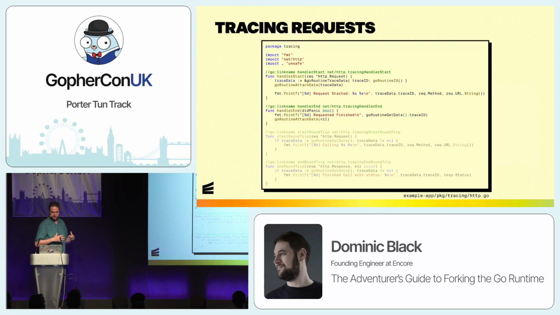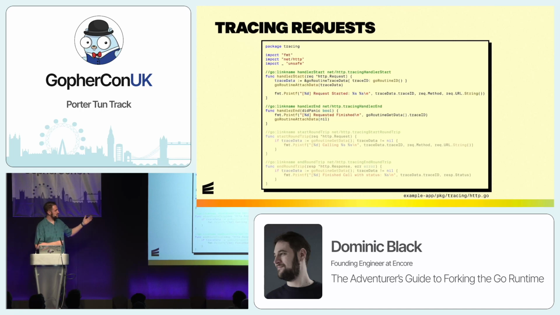So once we've written our hooks, we can start implementing them inside our tracing package within our app. So we implement handler start and handler end, and what we've done here is we've created a new trace data struct, and we've just used the goroutine ID as the trace ID right now. And that, again, we just linkname from the runtime package. We attach it to the goroutine, and then we just print, hey, this goroutine started processing this request.